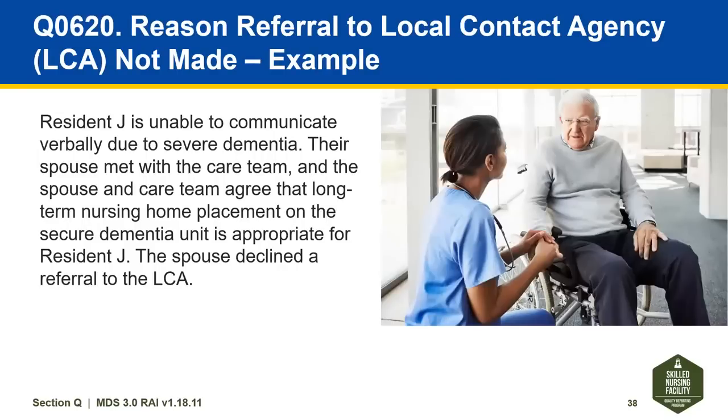Consider this example for item Q0620. Resident J is unable to communicate verbally due to severe dementia. Their spouse met with the care team, and the spouse and care team agree that long-term nursing home placement on the secure dementia unit is appropriate for resident J. The spouse declined a referral to the LCA.